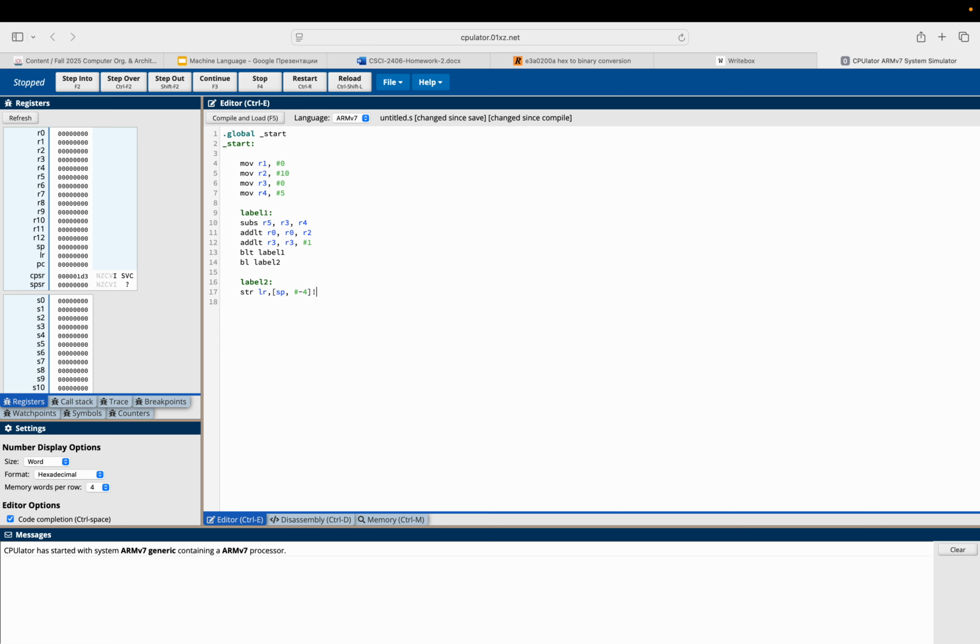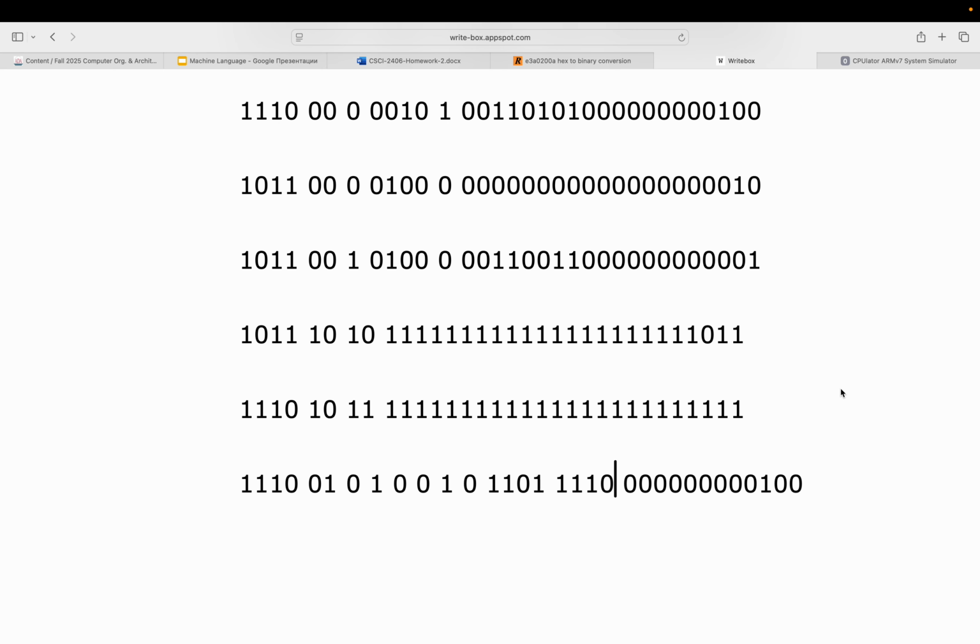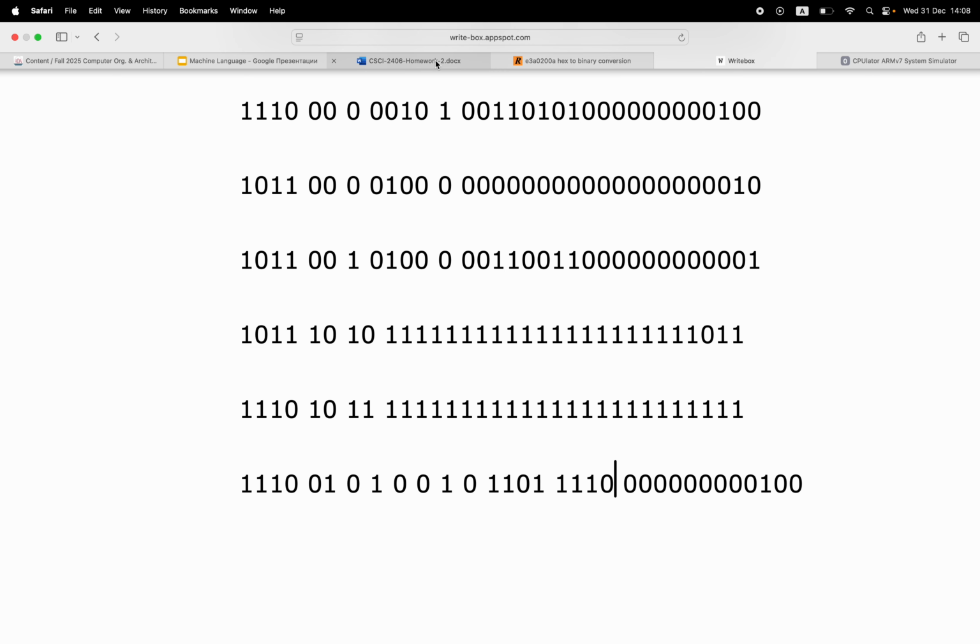Basically what it does, it pushes the link register LR to the stack, and it is a pre-index with write back, as I've previously explained here. Yes, so we are done with the 10th one, and let's move on to the 11th one.